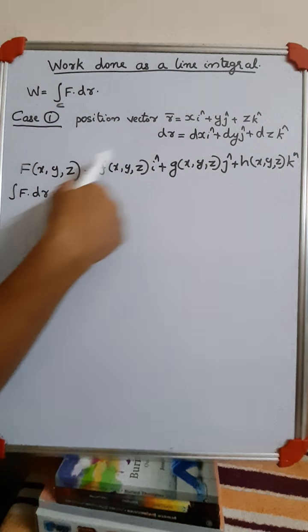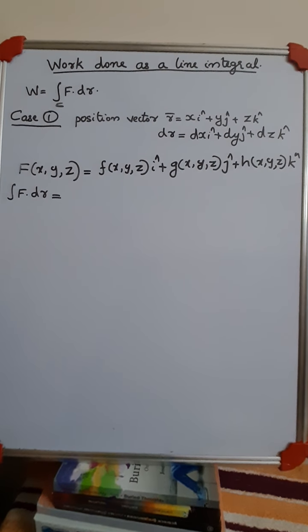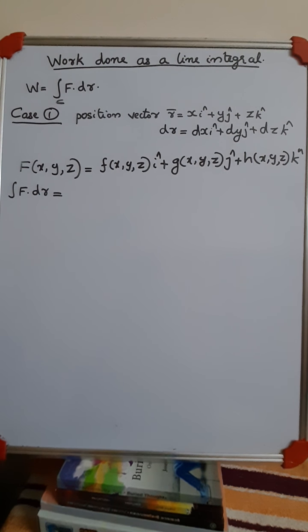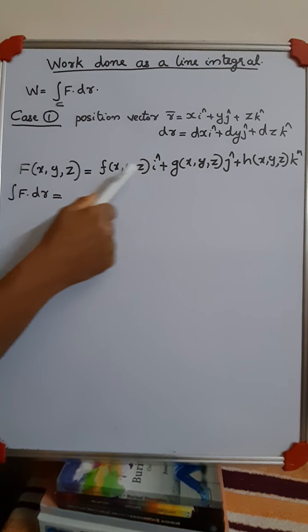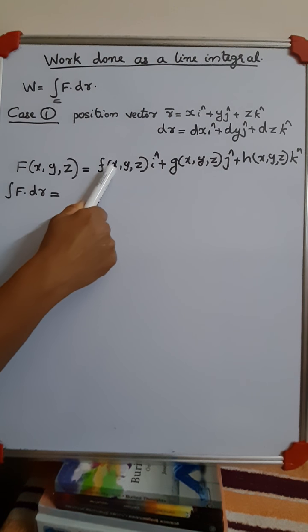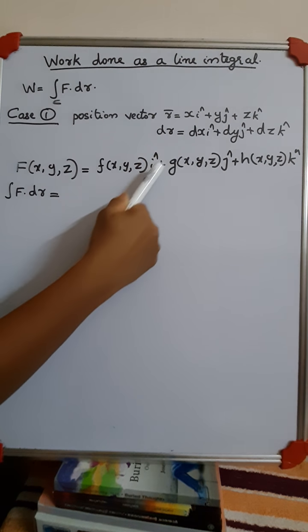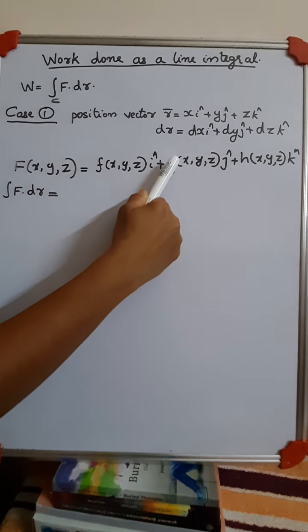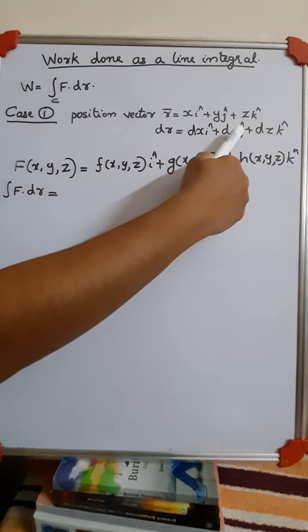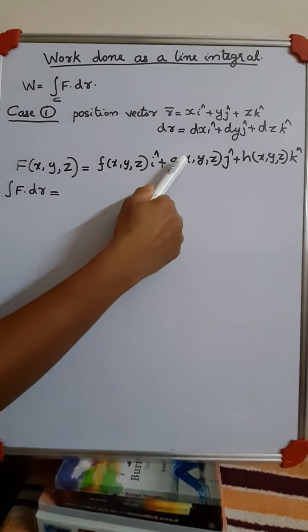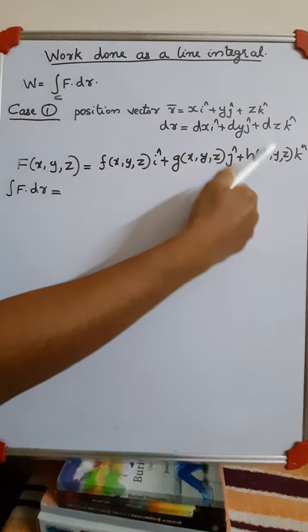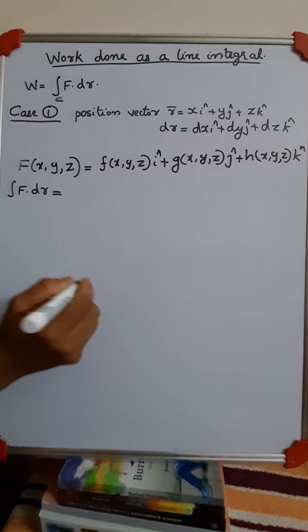Now integral over C F dot dr is equal to capital F, which is this function in three-component vector form, dotted with dr, which is dx i plus dy j plus dz k. Dot product of F and dr is component-wise multiplication: f of x, y, z into dx, since i dot i is 1, plus g of x, y, z dy, plus h of x, y, z dz.